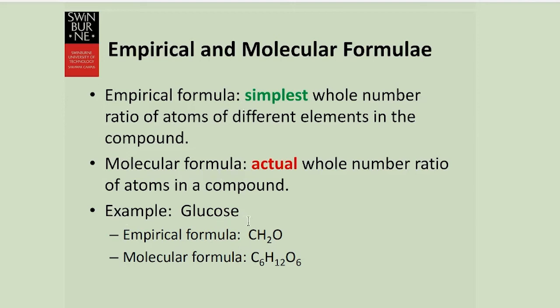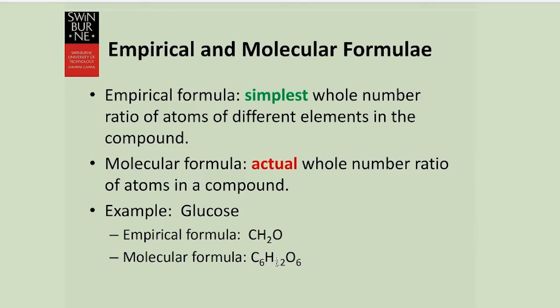For example, there is glucose. The molecular formula, if we look at it, we will know this is glucose, that there are 6 carbon, 12 hydrogen, and 6 oxygen atoms in the molecule.